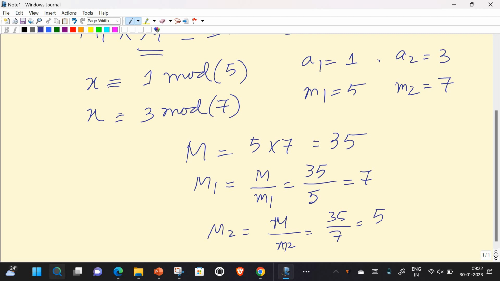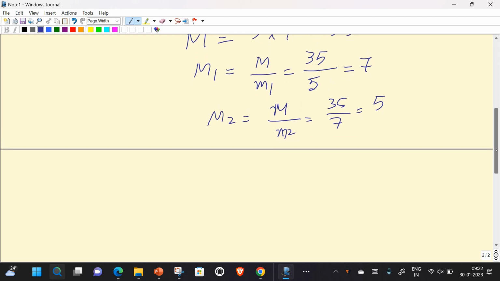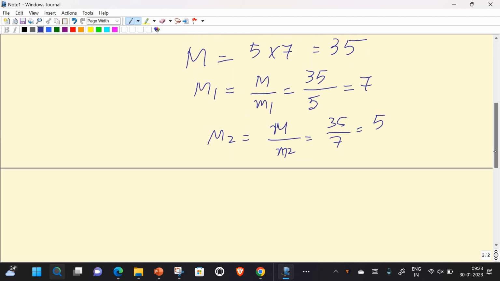Right? Now we have to find out, in that basic equation, M1 multiplied by x1 is 1 mod of m1, so 5.